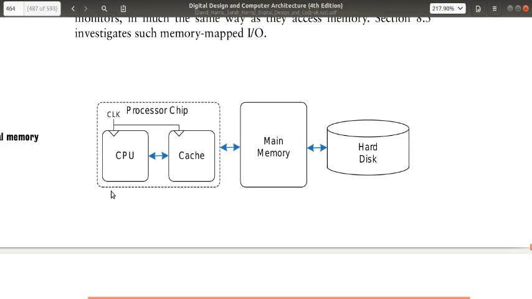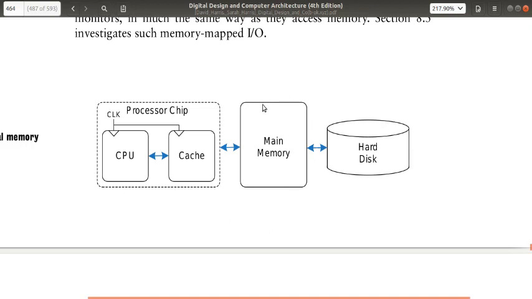When we buy a processor chip, whether it is i7 or i5 or whatever, they will say that this has this many MBs of level 1 (L1) cache and this many MBs of L2 cache and something like that. So this cache memory comes within the processor chip. It is coming along with the processor.